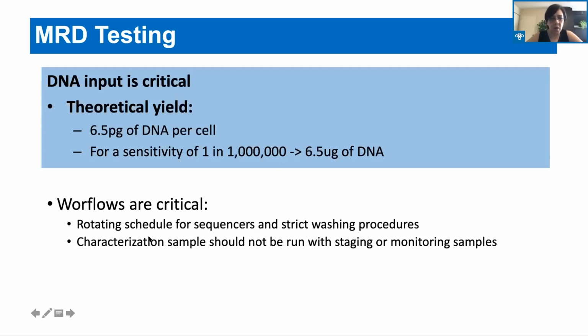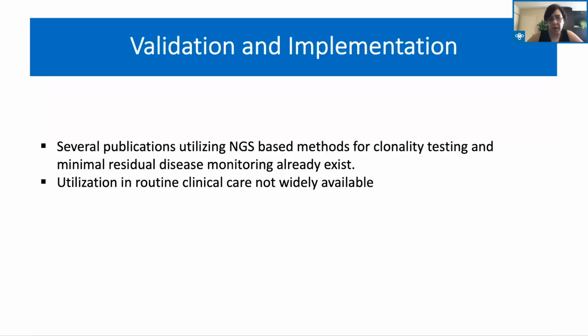So every time that you have a characterization sample from a patient, you should not be running the staging sample in the same run, to ensure that you don't have barcode hopping or barcode contamination.